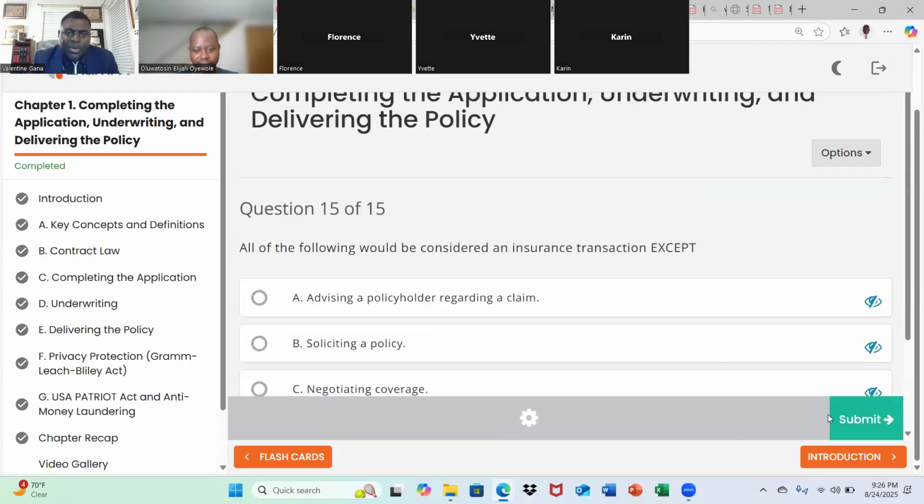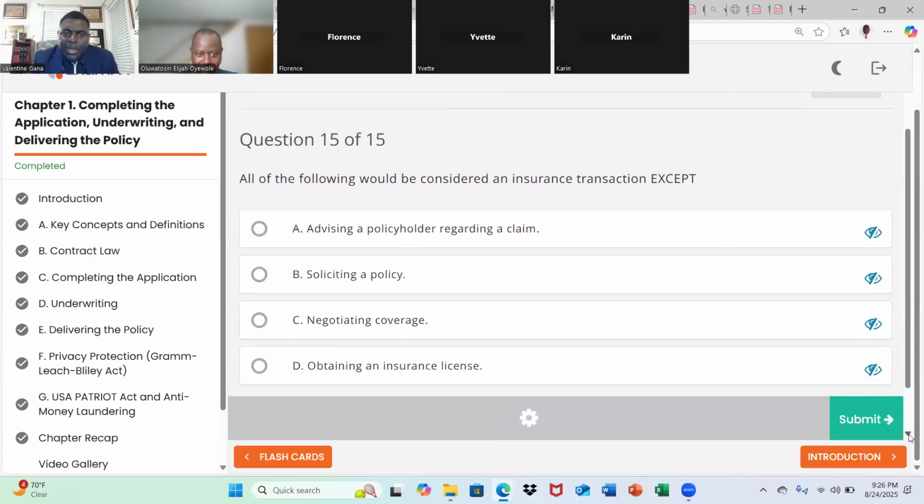All right, let's go to number 15 here. Florence, you want to read this one? All of the following would be considered an insurance transaction except A, advising a policyholder regarding a claim, B, soliciting a policy, C, negotiating coverage, D, obtaining an insurance license.